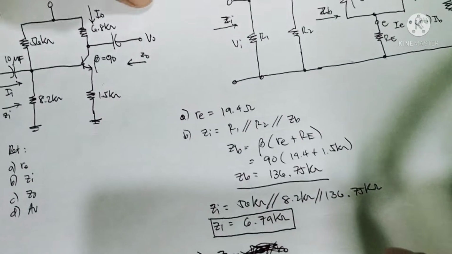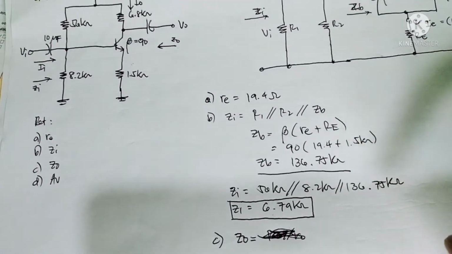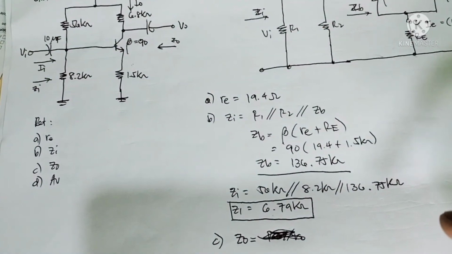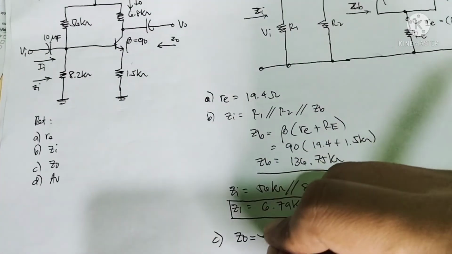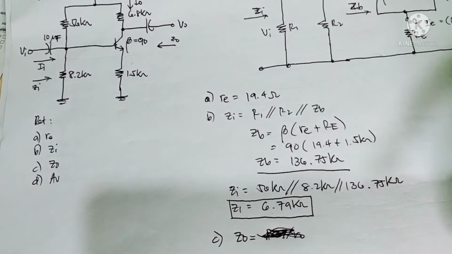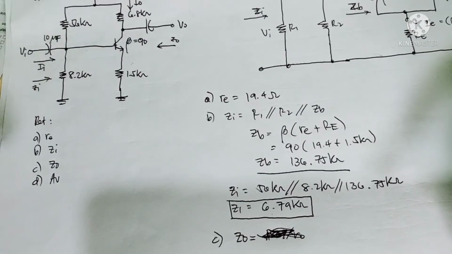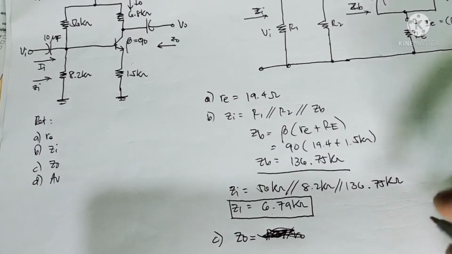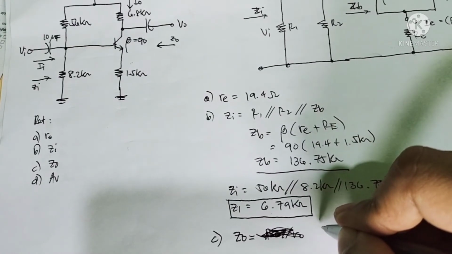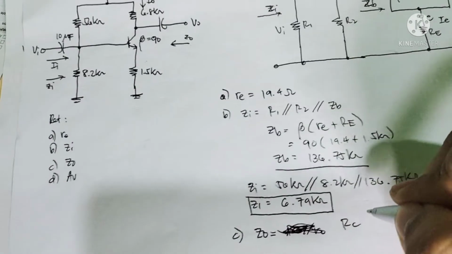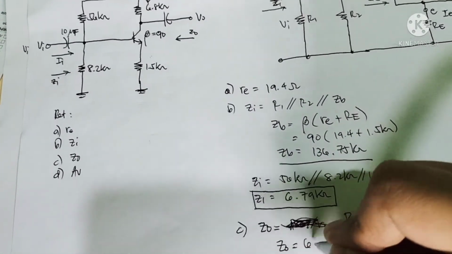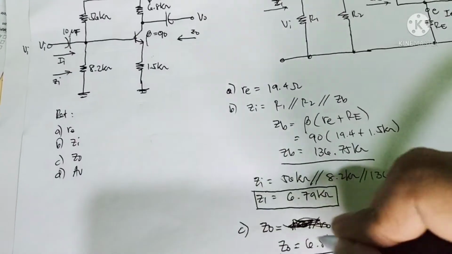The formulas will be longer, but the difference is just a little bit between the approximate and the exact computation of the unbypassed voltage divider. So in this example, we're going to neglect the effect of R sub O. Therefore Z out is just equal to RC, so the output impedance is 6.8 kiloohms.